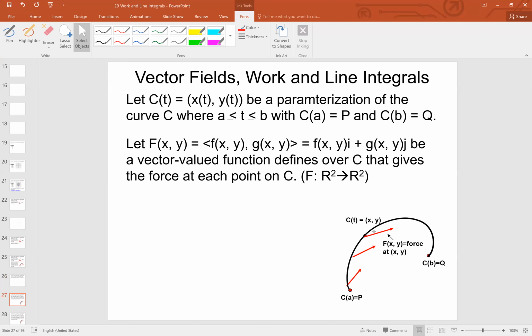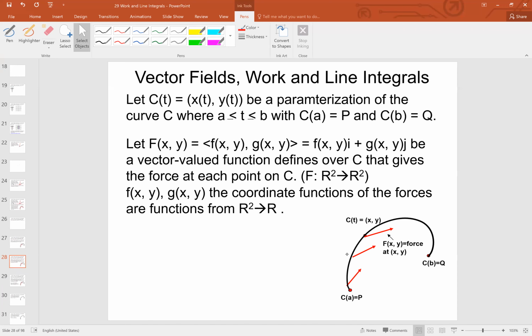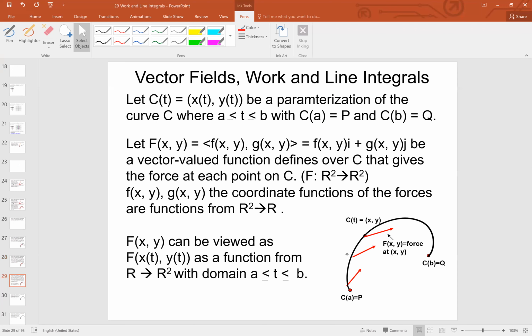And now we have a vector field on this screen, and these are some of the vectors situated on the points on the curve of the path.